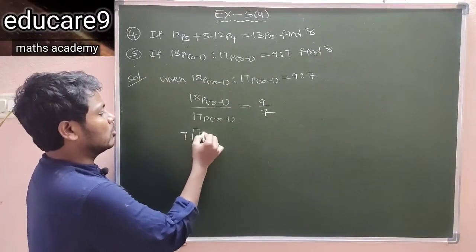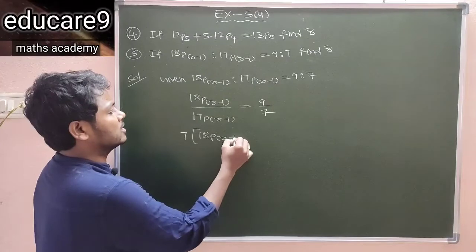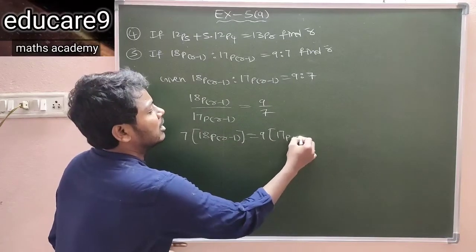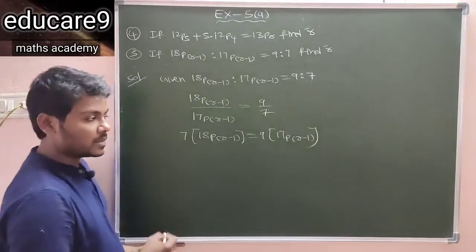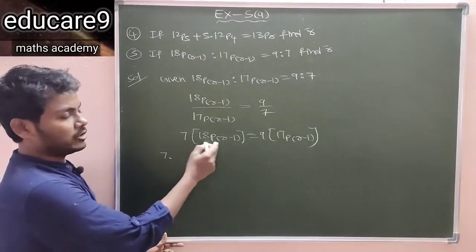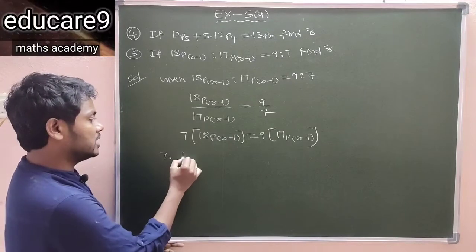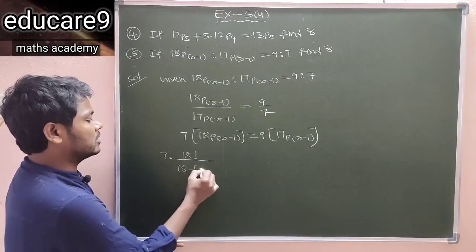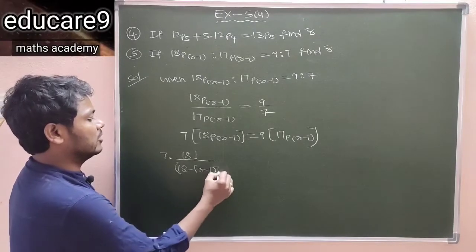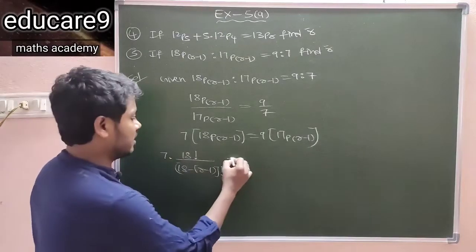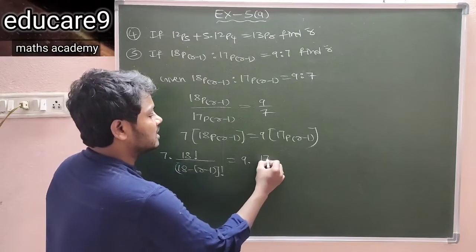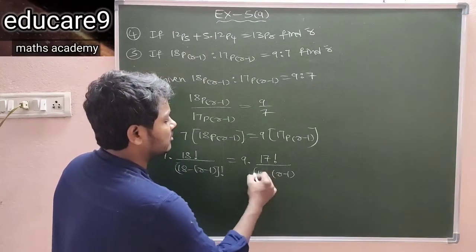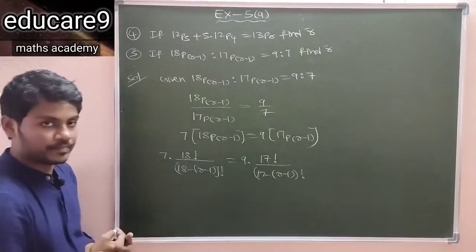So 7 into 18P(r-1) equals 9 into 17P(r-1). This is 7 into, you have to apply the nPr formula, that is 18!/(18-(r-1))!, and 9 into 17!/(17-(r-1))!.